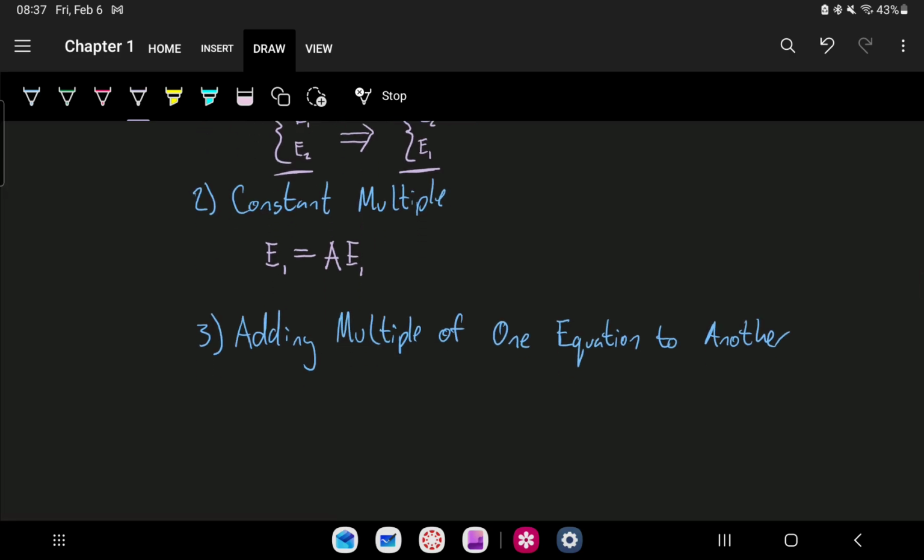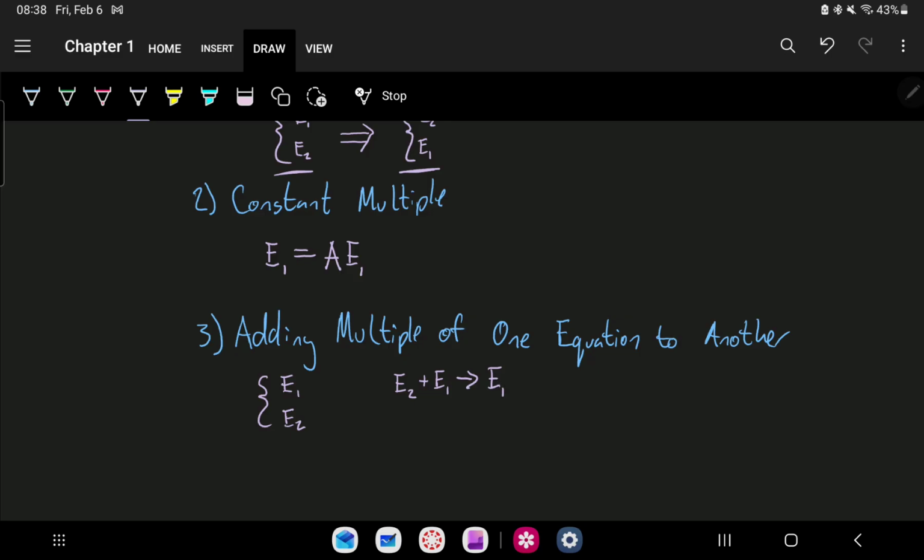Now, the last one is something that again tripped me up a little bit at first. So say we have equation 1 and equation 2, right? We can do an operation so that you can add E2 to E1, and that will become your new equation 1, right?